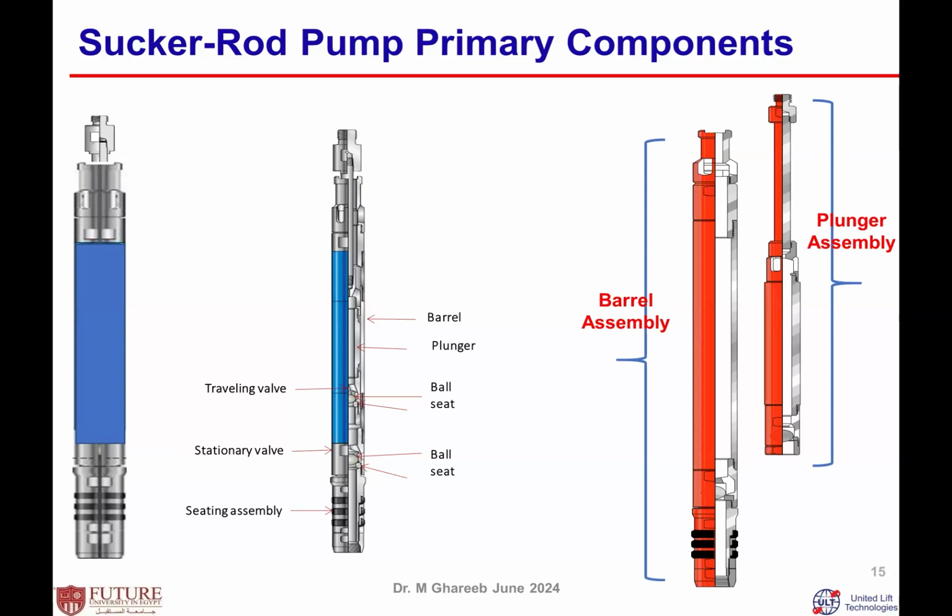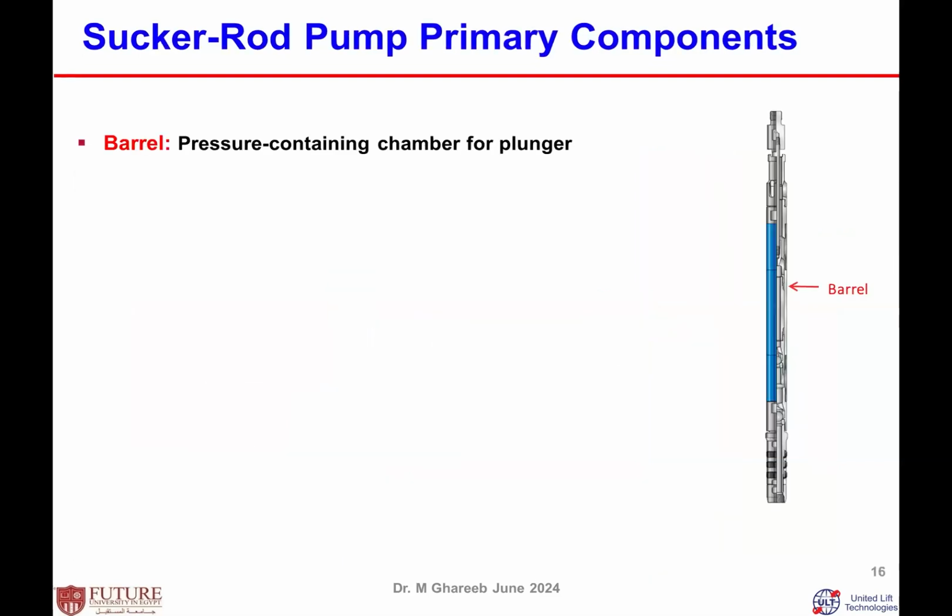The barrel assembly is the part you see when you go to the workshop or well site and look at the pump from outside. All that you do not see inside the pump is called the plunger assembly. But both should work together. The plunger assembly works inside the barrel assembly. Then the subsurface pump has 5 main components.